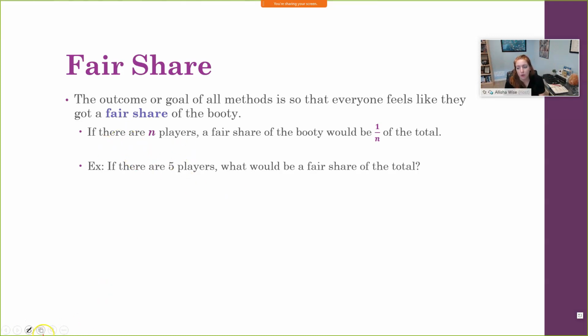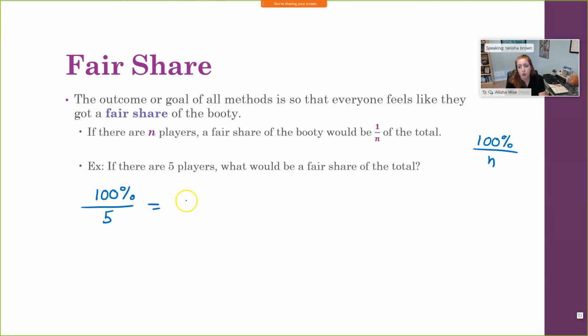So what we do to calculate what percentage you deserve of the fair share is we take 100% and we divide it by the number of players. So for example, if there are 5 players, we would take 100% and divide by 5.